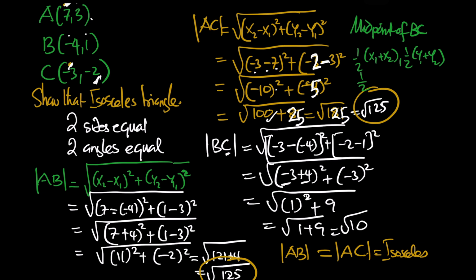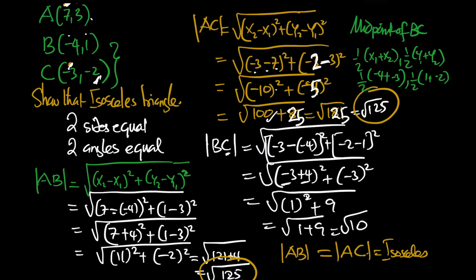Where's BC? This BC right here. So x1 there is negative 4, plus x2, which is negative 3, comma, half of y1, which is 1, plus our y2, which is negative 2, like this.